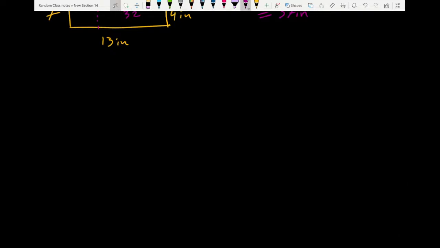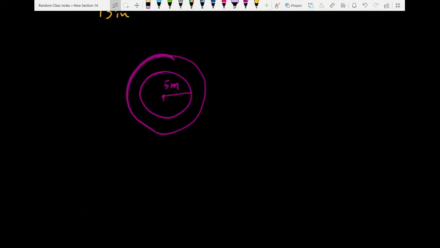Now let's look at how to find an area of a circle. That's going to be a little bit different. It's kind of like a donut. A donut is 3-dimensional, and if I zoom in, this distance is 5.